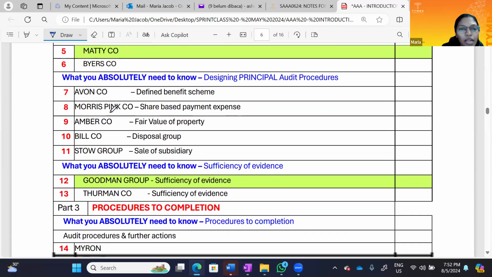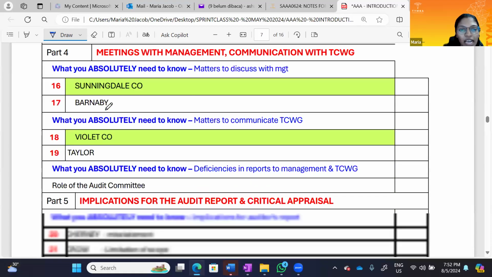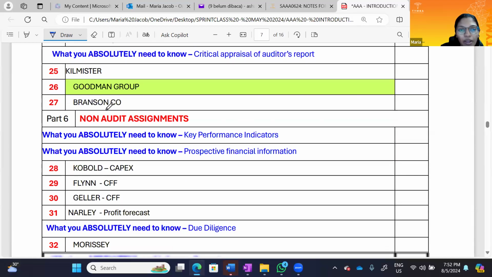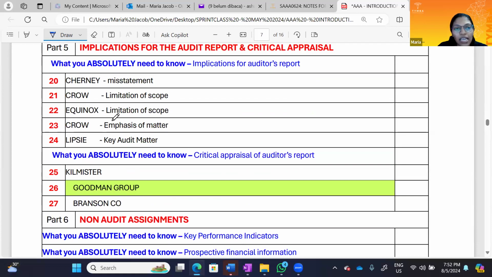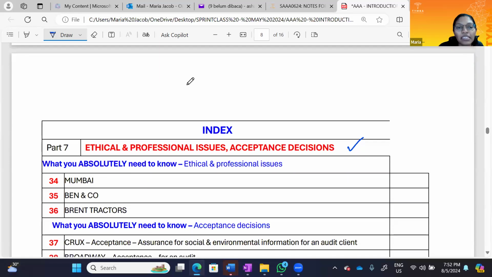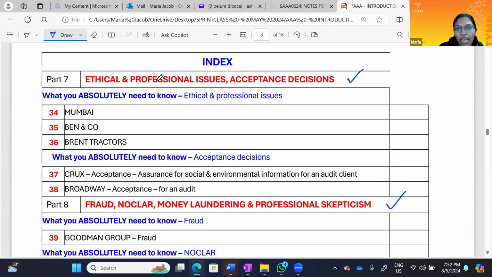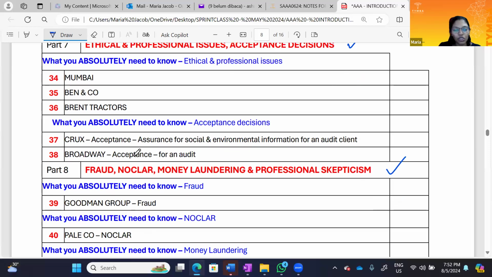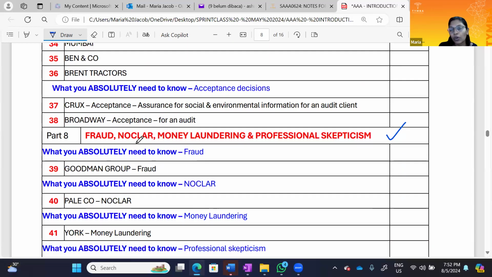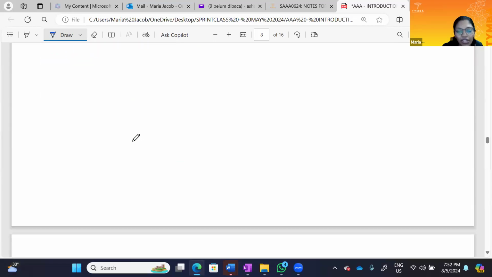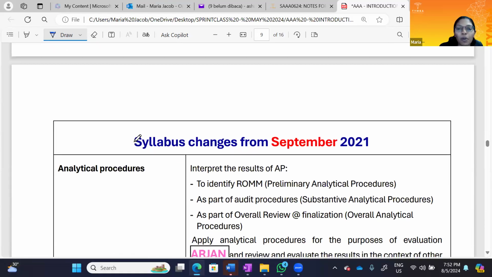Basically this is your checklist. You can tick it once we have done. Look at part 7 of the topic, which is ethical professional issue, acceptance decision. We have 3 questions to do, and we have some questions here, and we will look at fraud, no-CLA, and money laundering. That's your index for your reference purpose.